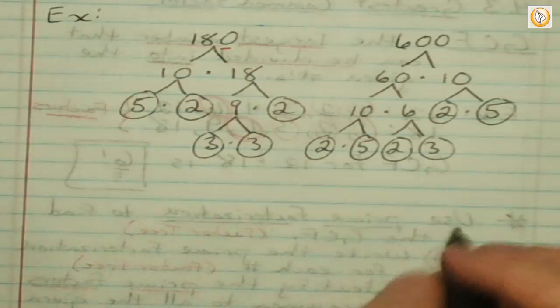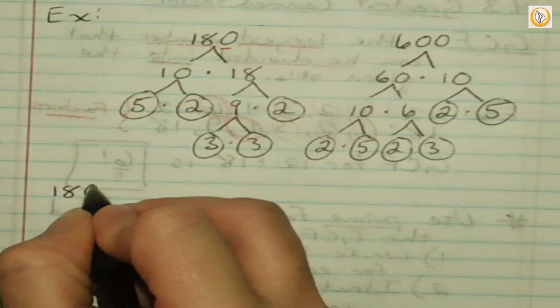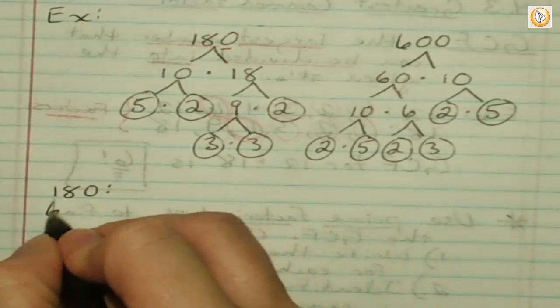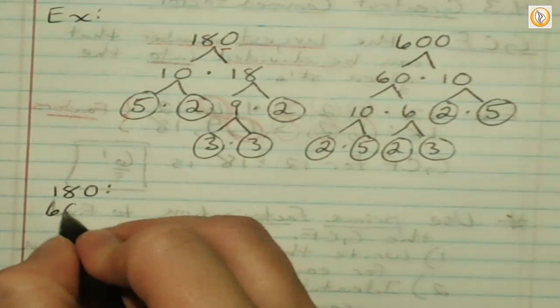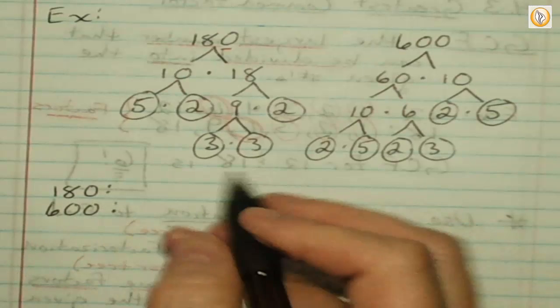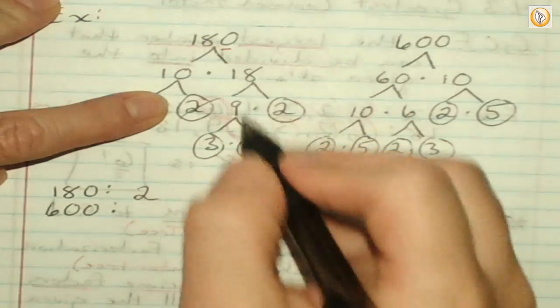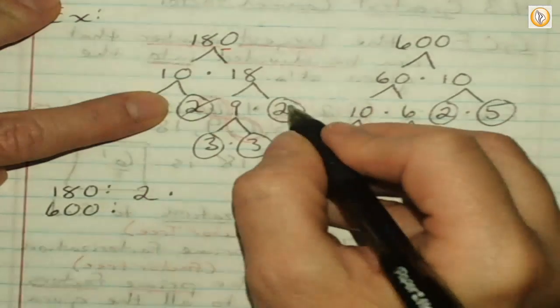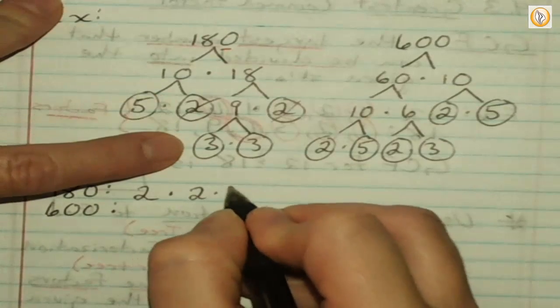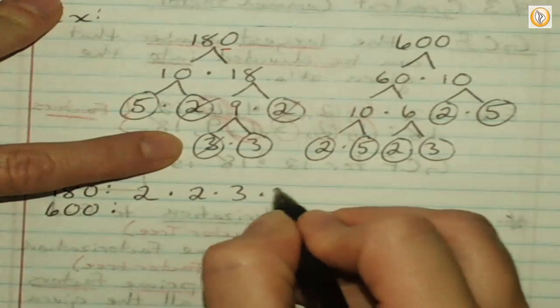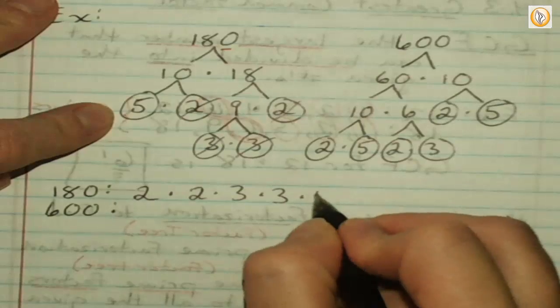Okay, so now we're going to write out our prime factors. For 180, I have, and remember, least to greatest and cross out, 2 times 2 times 3 times 3 times 5.